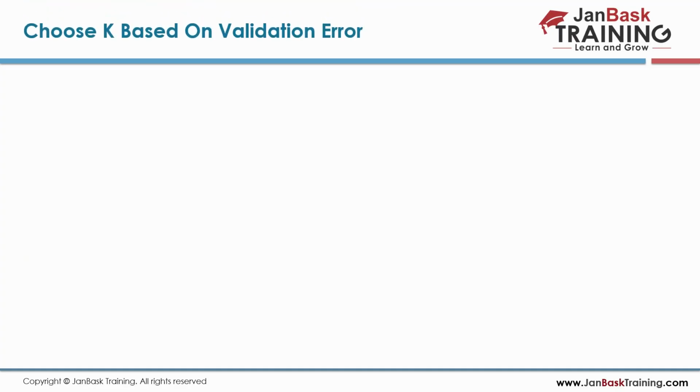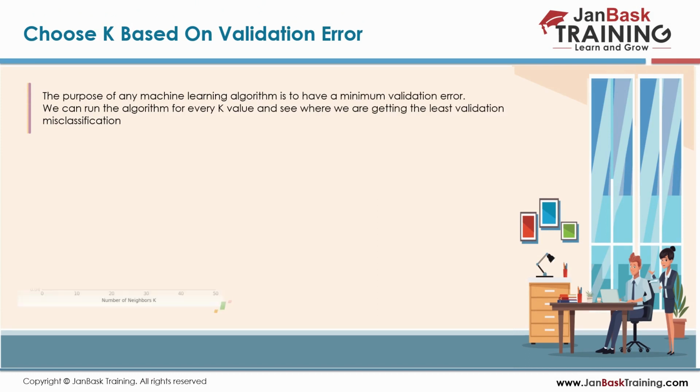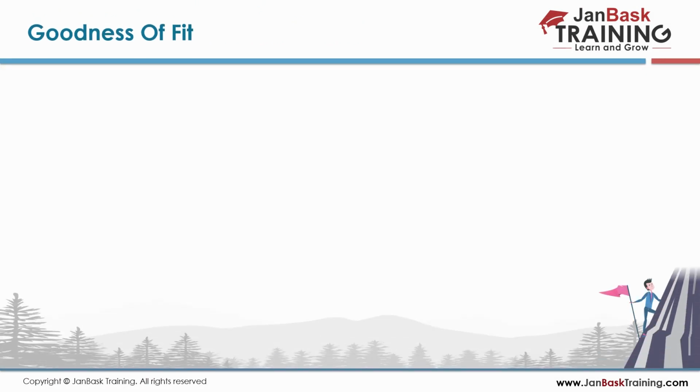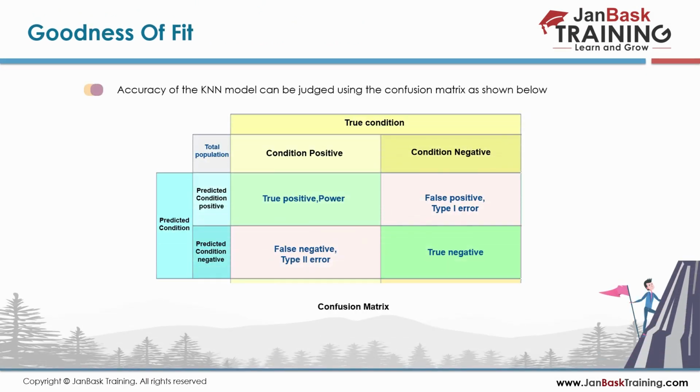The purpose of any machine learning algorithm is to have minimum validation error. We can run the algorithm for every k value and see where we get the least validation misclassification. This matrix, I think we saw it yesterday, is the confusion matrix. As I told you, the true positive is when the prediction is positive and the true condition is positive.